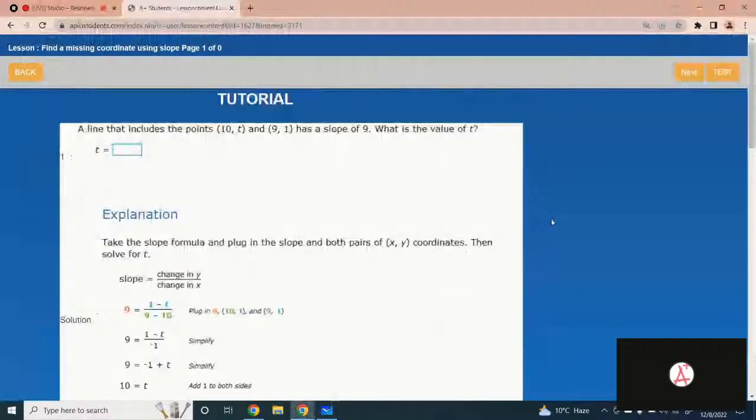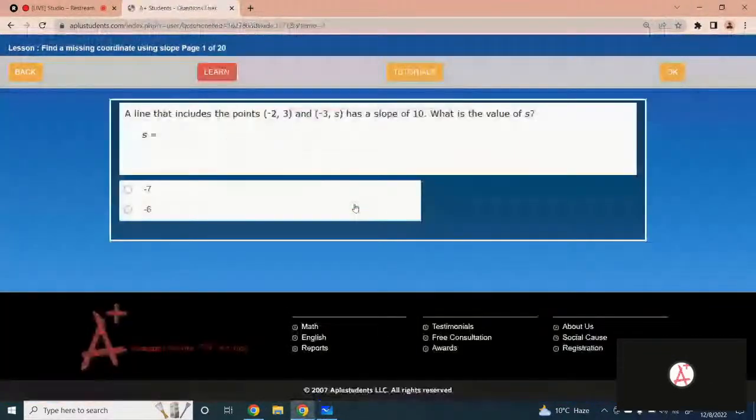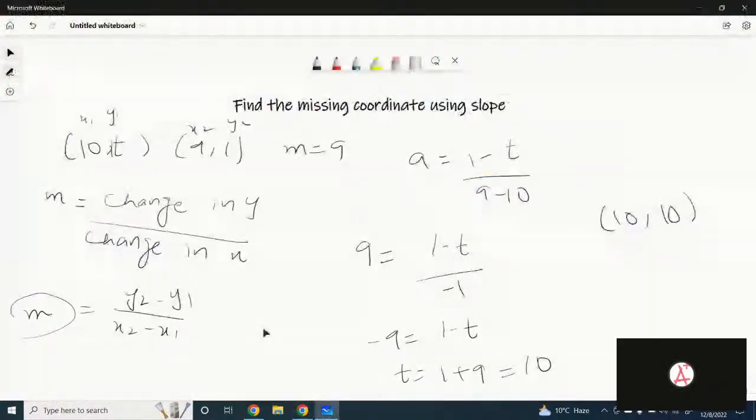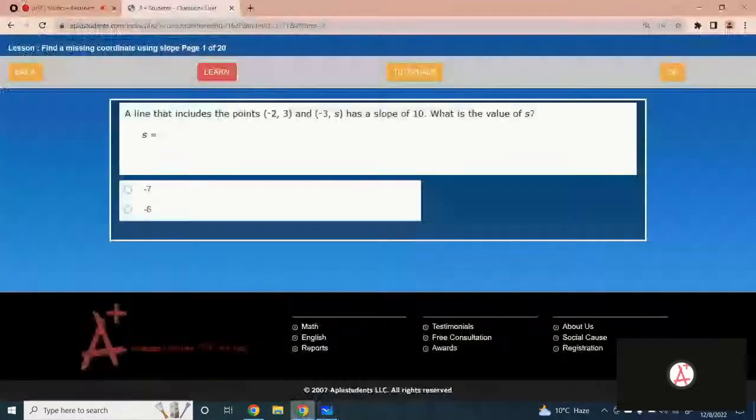Got it? Let's just start with the test questions. Okay, a line that includes the points (-2, 3) and (-3, s) has a slope of 10.